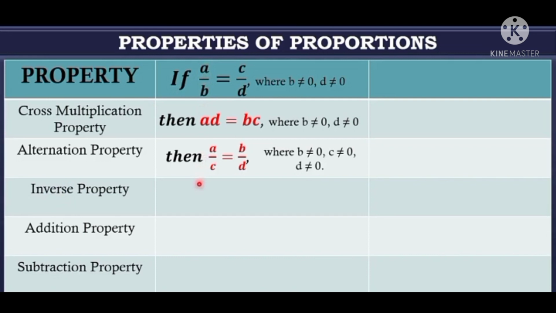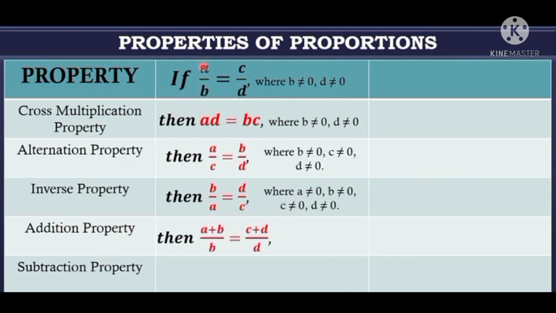Now, for the inverse property, this is also what we call the reciprocal. If we have A over B, then the reciprocal will be B over A is equal to D over C. And for the addition property, we will add what is in the denominator.